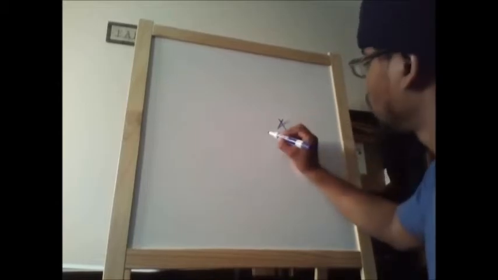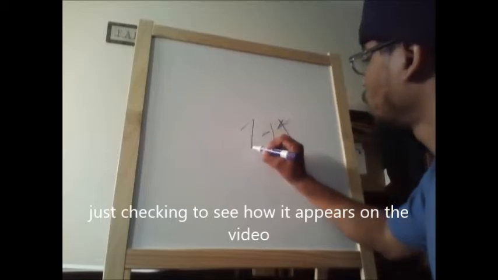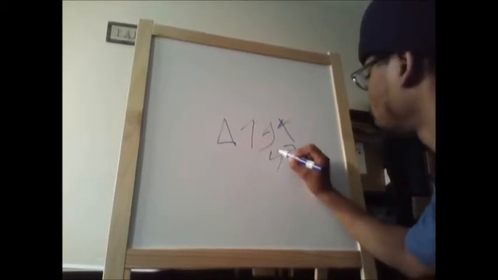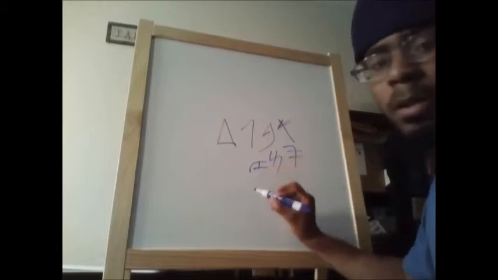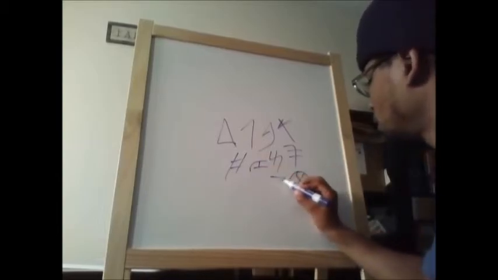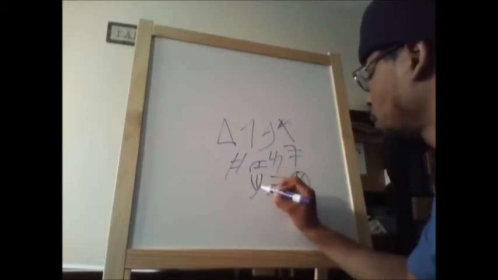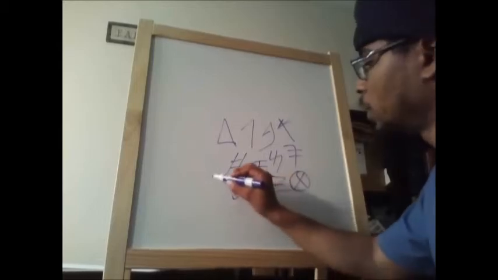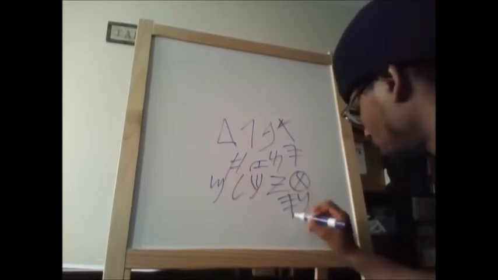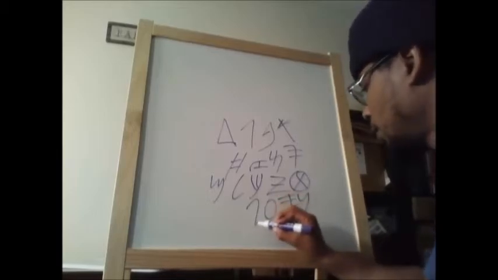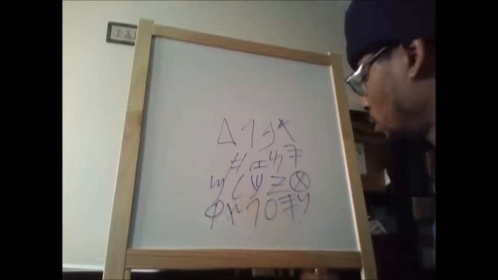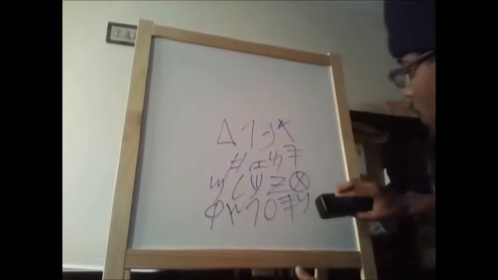So Aleph, Beit, Gimel, Dalet, Hey, Vav, Zayin, Chet, Tet, Yod, Kaf, Lamed, Mem, Nun, Samekh, Ayin, Pey, Tsade, Qof, and let me erase. No, I'm not going to erase.